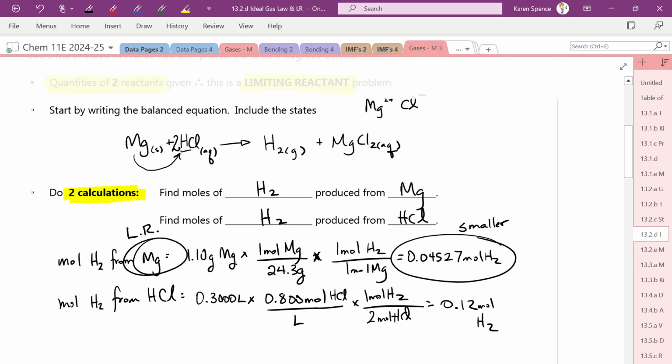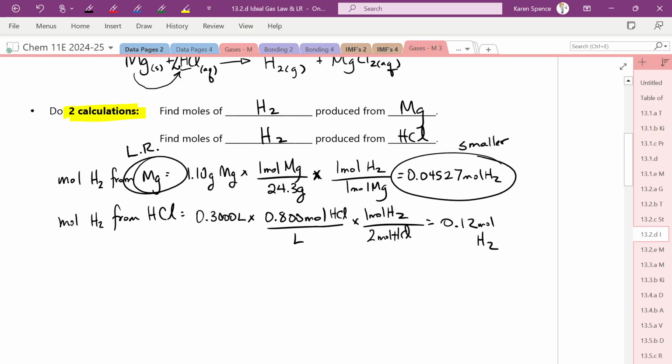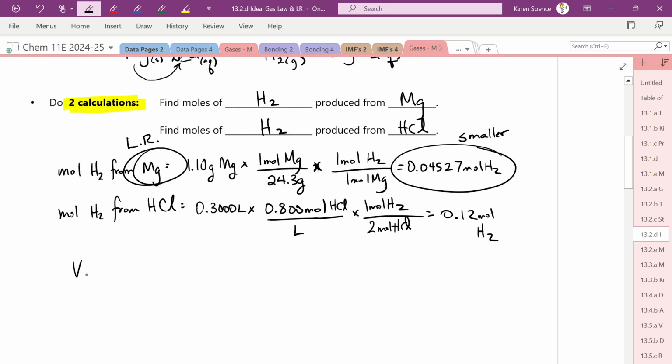And so now when we need to find our volume of H2, we would have to use the moles from the Mg. So we would have PV equals nRT, so V is equal to nRT over P. So n is 0.04527 moles.